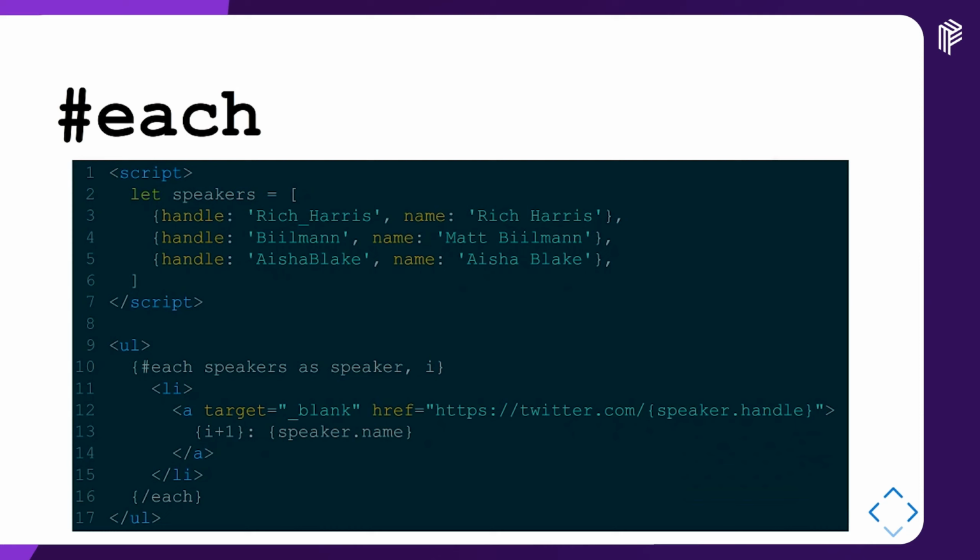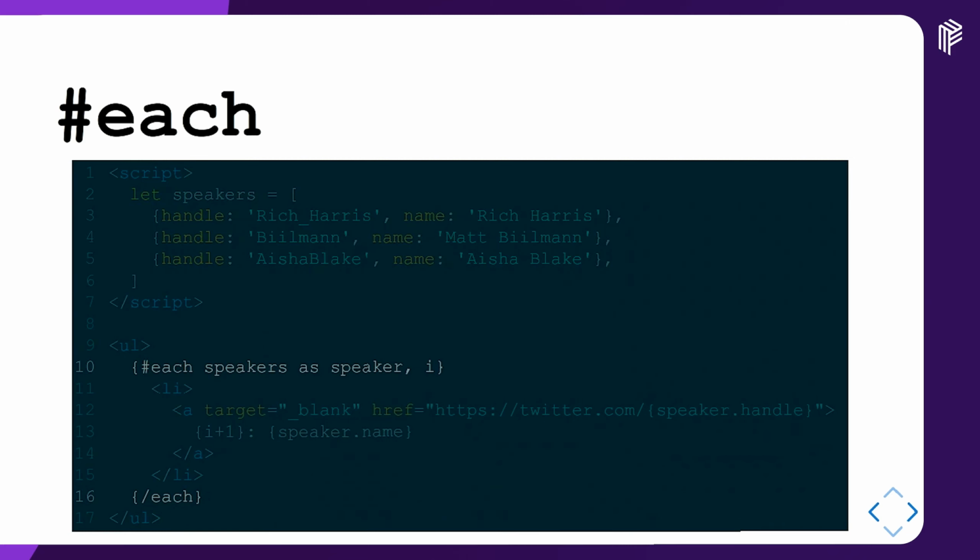Okay, each. So each is what everyone uses all the time, I guess, when you're rendering out lists. Web development is just rendering out lists of stuff on the screen. So for the each, we have our array of speakers here. The each block will loop over array or array-like items.